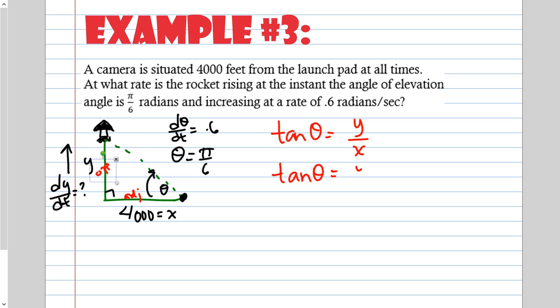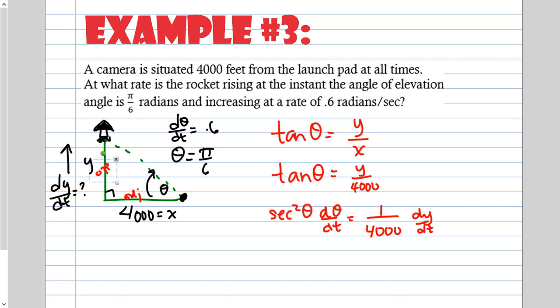So y over 4,000. Okay, so derive. So you get secant squared again. Secant squared theta, d theta/dt equals 1 over 4,000 times y. So the 4,000 and the 1 over 4,000 stay, and the y becomes dy/dt.